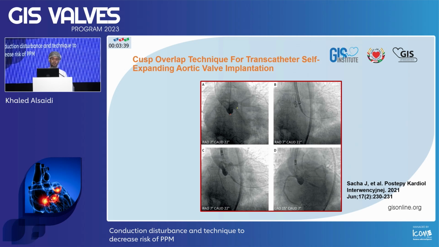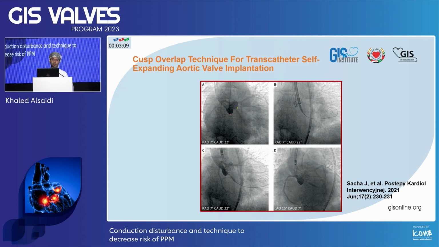And then basically you are aiming for about 3 millimeter depth in this view. You can go as low as 1. There are people going even for 0. If it is more than 5, then you should recapture and try again. Once you reach the point of no recapture or 80% valve deployment, then it is mandatory to look in the LAO projection, the true coplanar view.